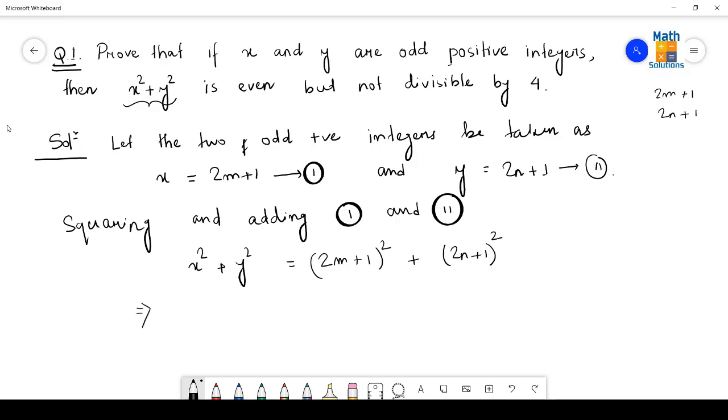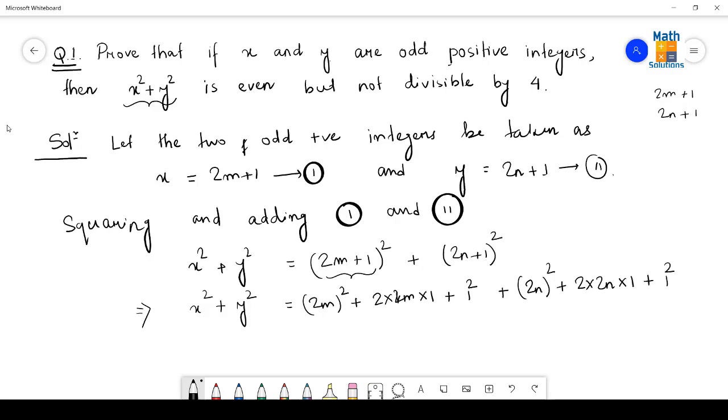Let us break it up. x square plus y square is equal to, for this part we can use the formula (a plus b) whole square. So this is a square, that means (2m) whole square, plus 2ab will be 2 into 2m into 1, plus 1 square. While for the second case, for this term (2n plus 1) whole square, I can get here (2n) whole square plus 2 into 2n into 1 plus 1 square.